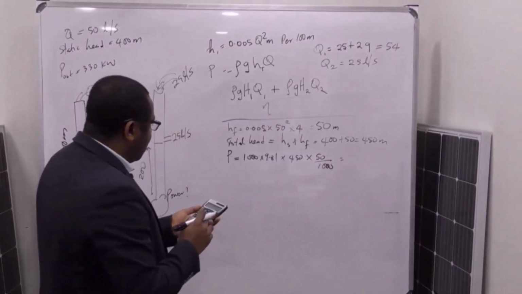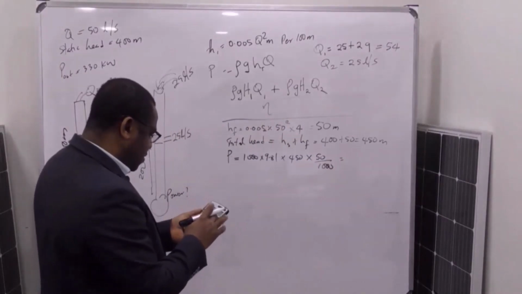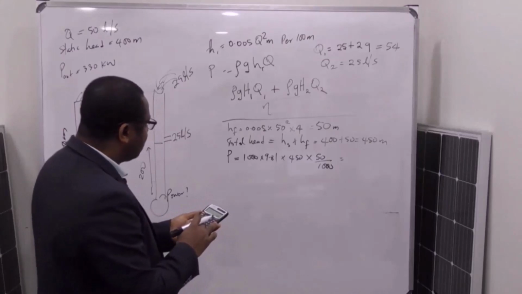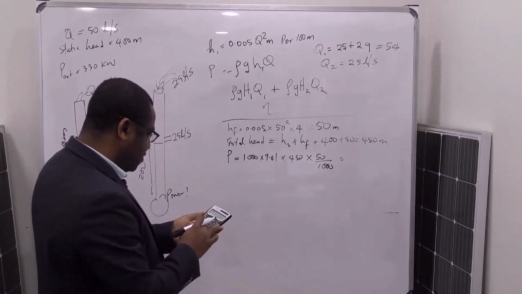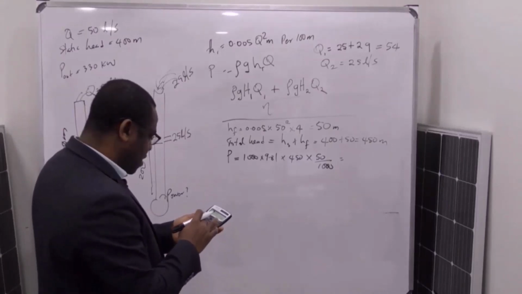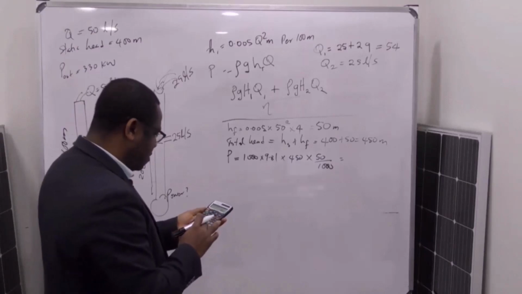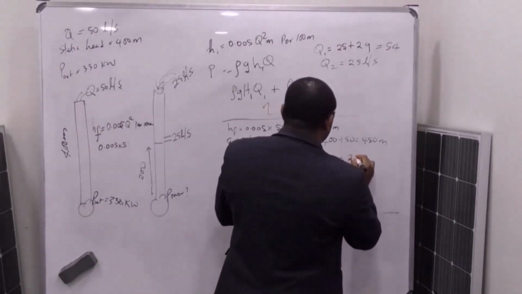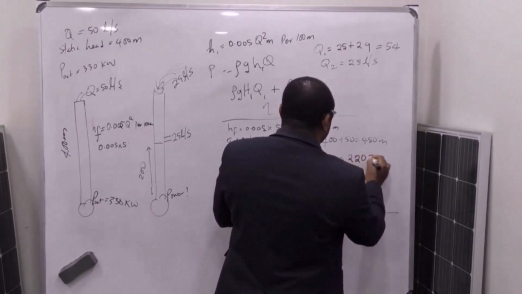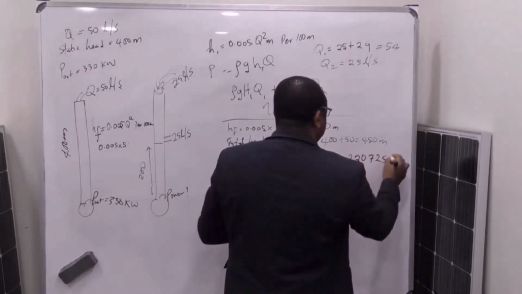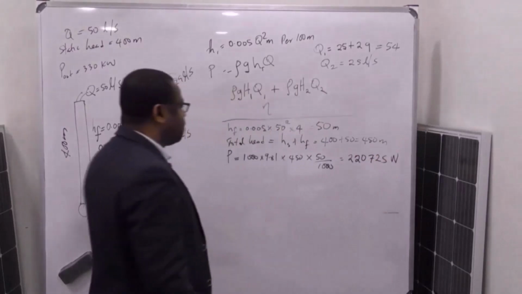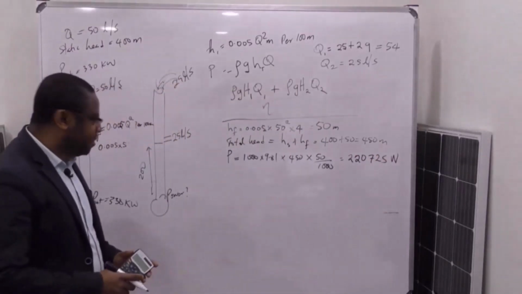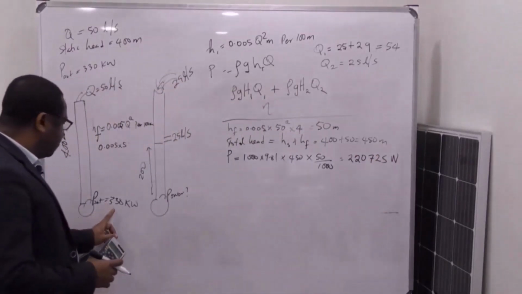Okay. So I'll have 50 times 450 times 9.81. So I'll have 220,725 watts. Okay. Now, what will be the efficiency?